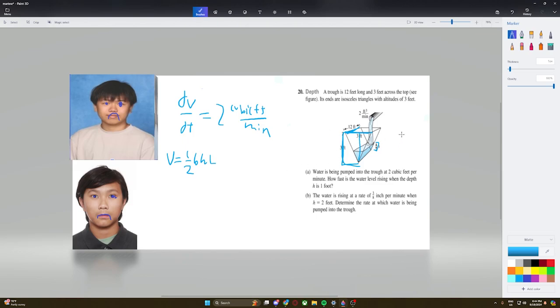So how fast is the water rising? If it's asking for rise, then that would mean it's the height. We're trying to find the height. So dV over dt equals 2. Now let's think about what the other variables B and L are.